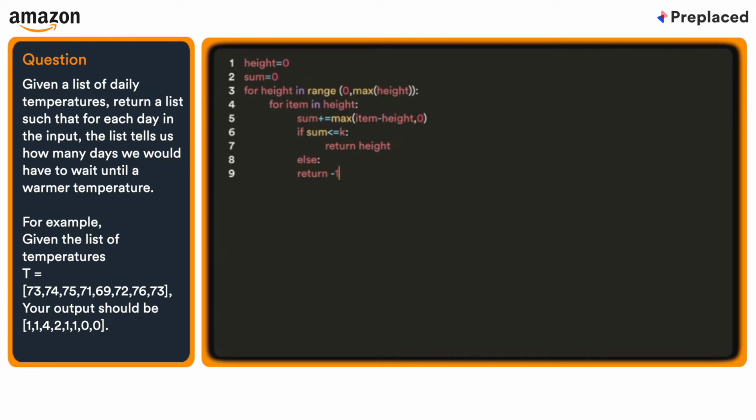Can you dry run it? Okay, so I take 73 inside the stack. Then I take 74 because it's greater. I take the counter as 1 for the first element. Then I take 75. At this point, the stack has 73, 74, 75.